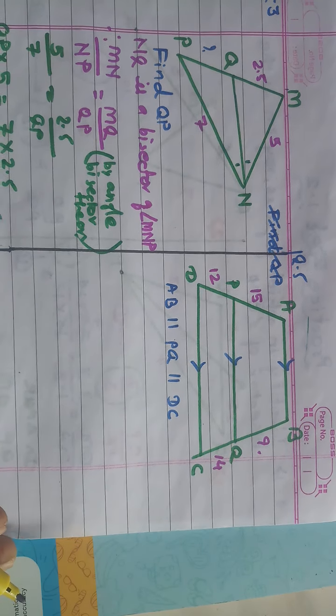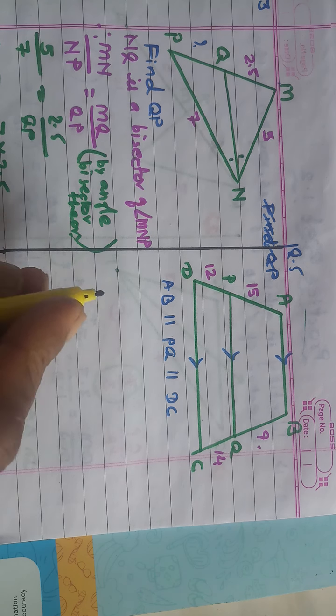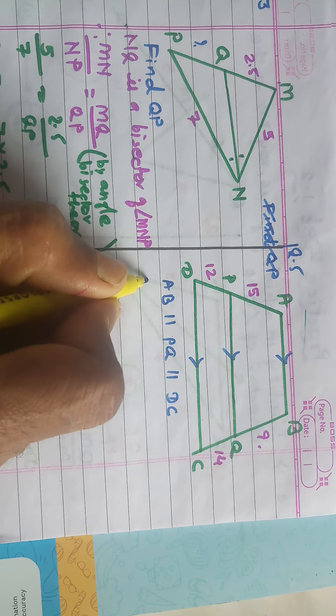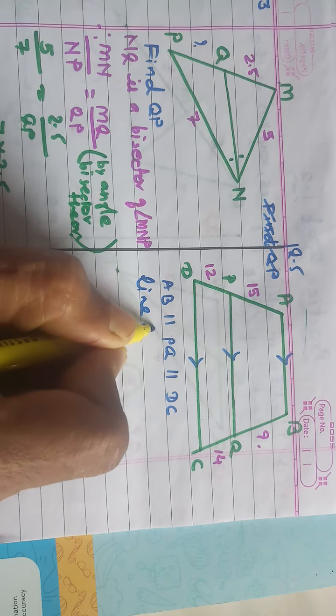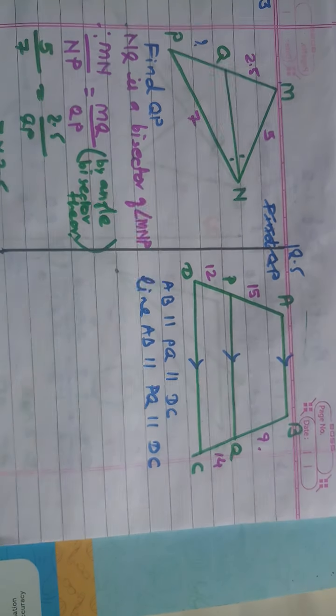Now in the diagram we have three parallel lines. From the diagram we should know which property should be applied. So we have three parallel lines, so we have the property of three parallel lines and transversal. So by the property of three parallel lines and their transversal, first we have to write line AB is parallel to PQ is parallel to DC.